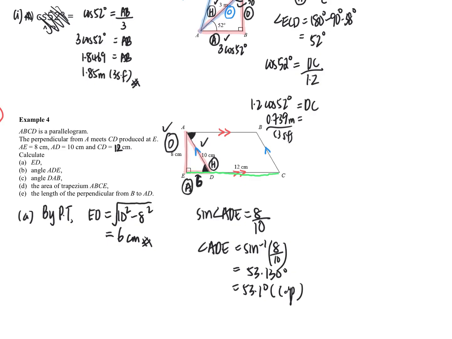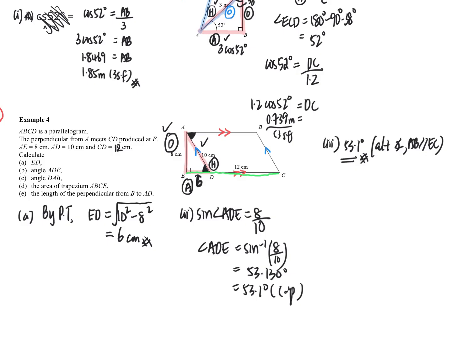So can you see alternate angles? So actually, you can straight away tell me that part 3 is also 53.1 degrees. Alternate angles, AB parallel to EC. That's it. Okay, so they are the same angle.